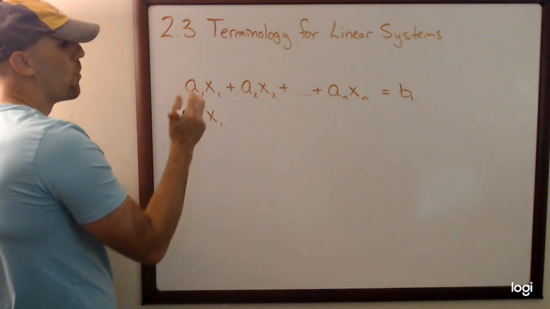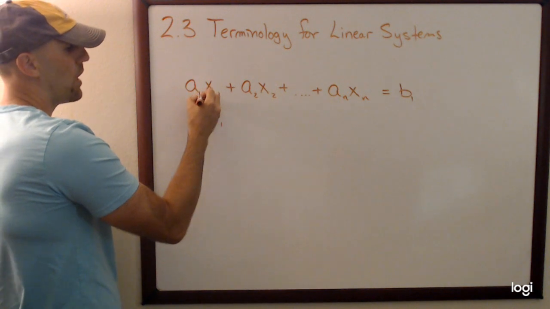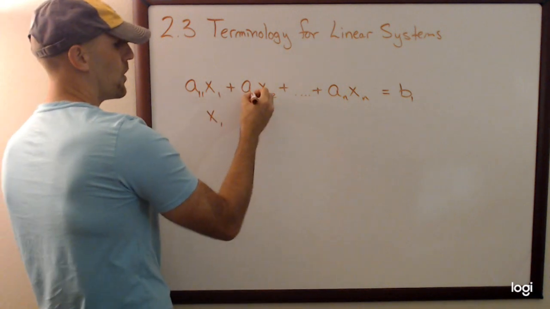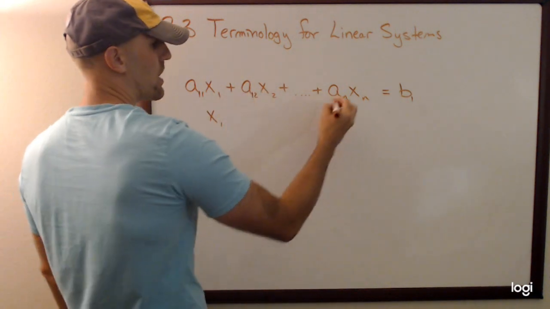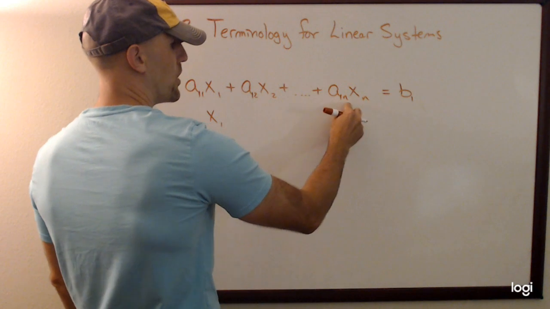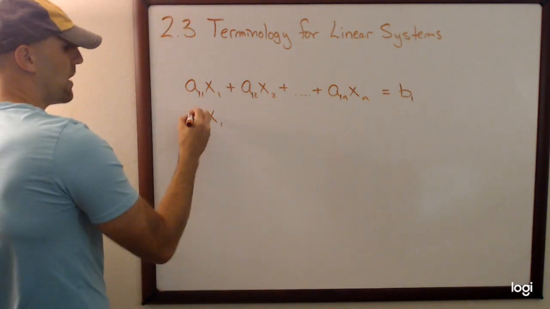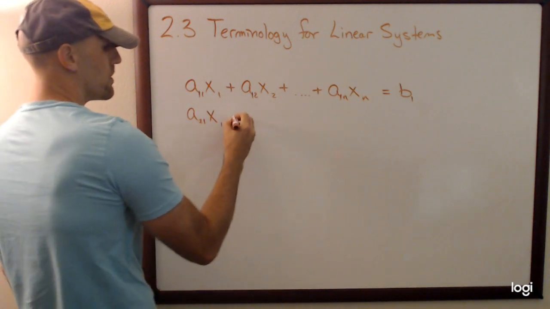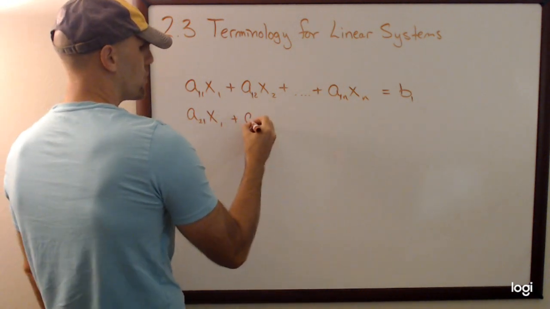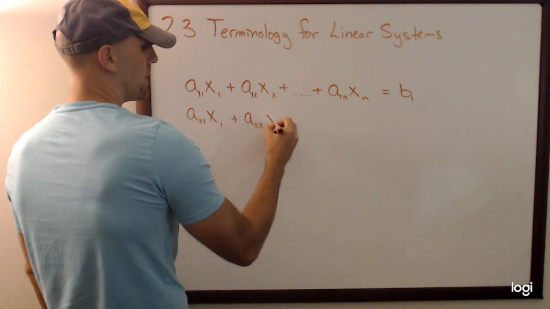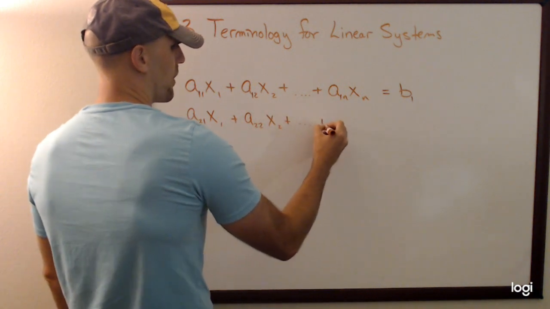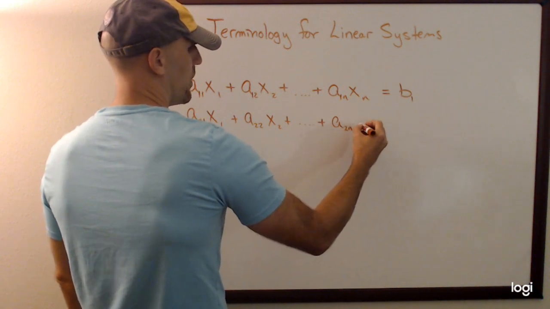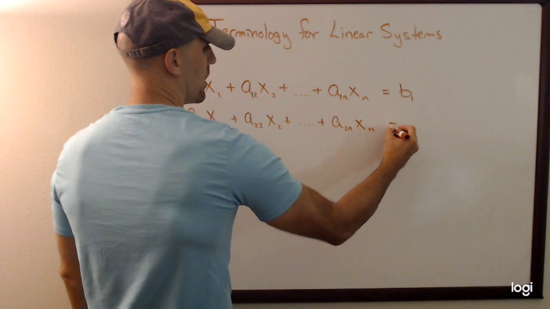So what if I index this as a11, equation 1, first variable, and call this one a12, equation 1, second variable, and this one a1n, equation 1, nth variable. Then in that case, this constant would be second equation, first constant. This would be second equation, second constant, etc. This would be second equation, nth constant.